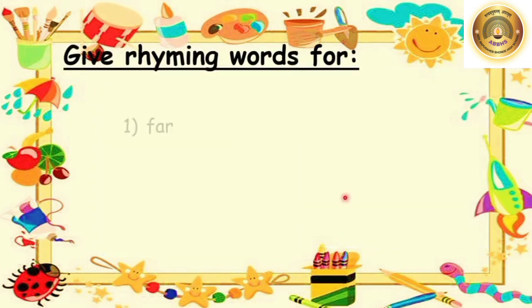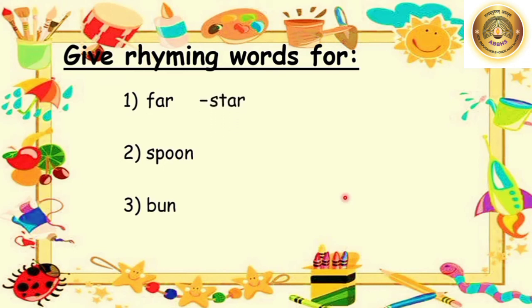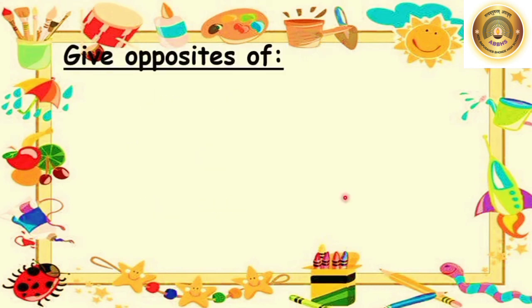Go to the next exercise. Give rhyming words for those we have learned while reading the poem. For far we'll write star. For spoon we'll write moon. For bun we will write sun. Yes, right? Now give opposites of near.